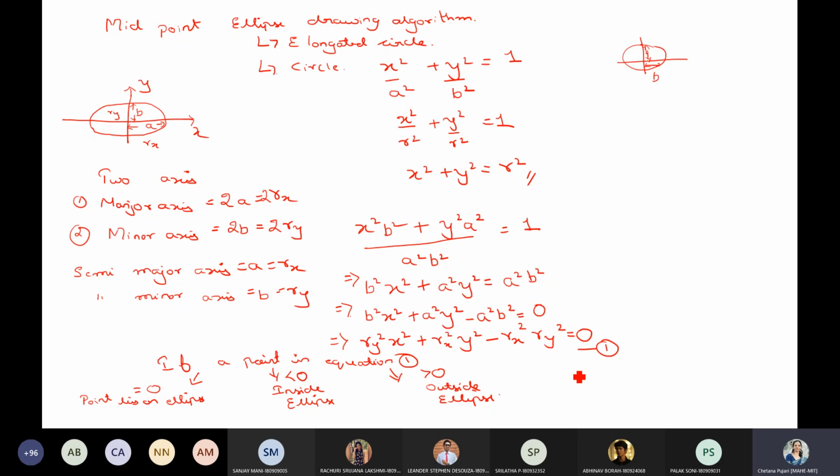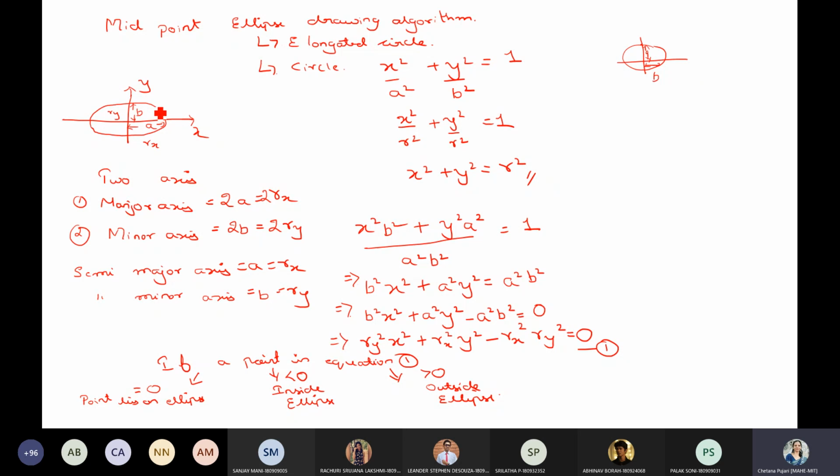Fine. And one more thing: in circle we mentioned that it satisfies 8-way symmetry property. Does it satisfy 8-way symmetry in ellipse? No, it's only 4-way symmetry this time, because in one quadrant it is not equally distributed.